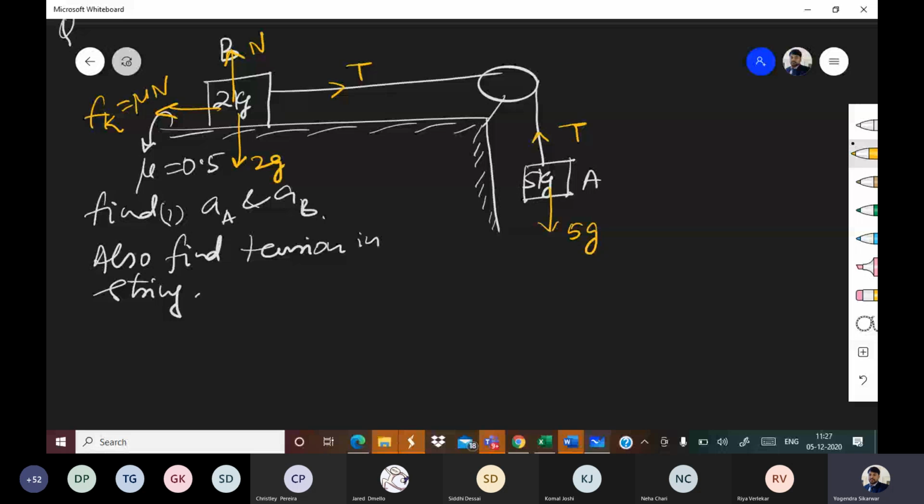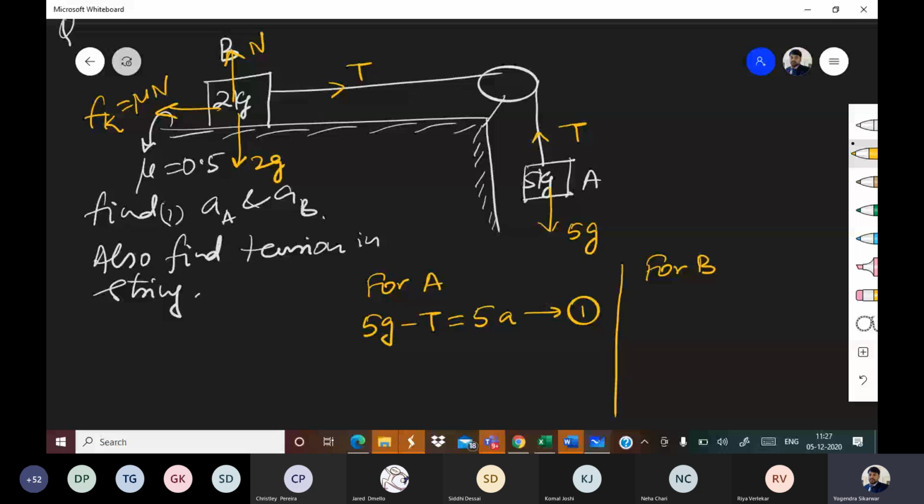Now pay attention. For A, 5G minus T is equal to 5A. All right.